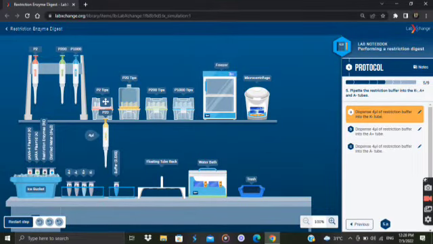Next, we are going to dispense 4 microliters of restriction buffer into the K negative tube. So let's attach a tip and dispense 4 microliters of restriction buffer into the K negative tube.